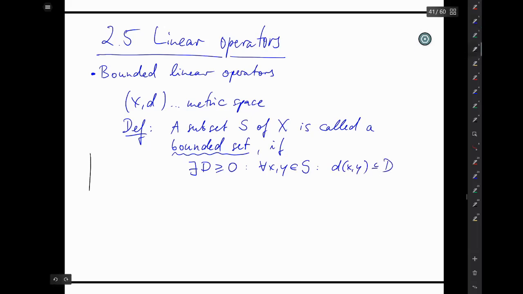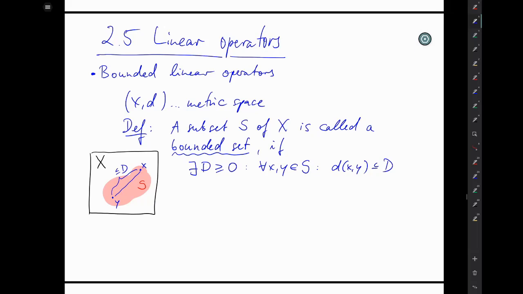It's easy to conceive what that means. If this is your metric space X, and there is your subset S, then whatever points x and y you choose in S, their distance from each other is never more than a certain number d, and that number d is also called the diameter of the set S.